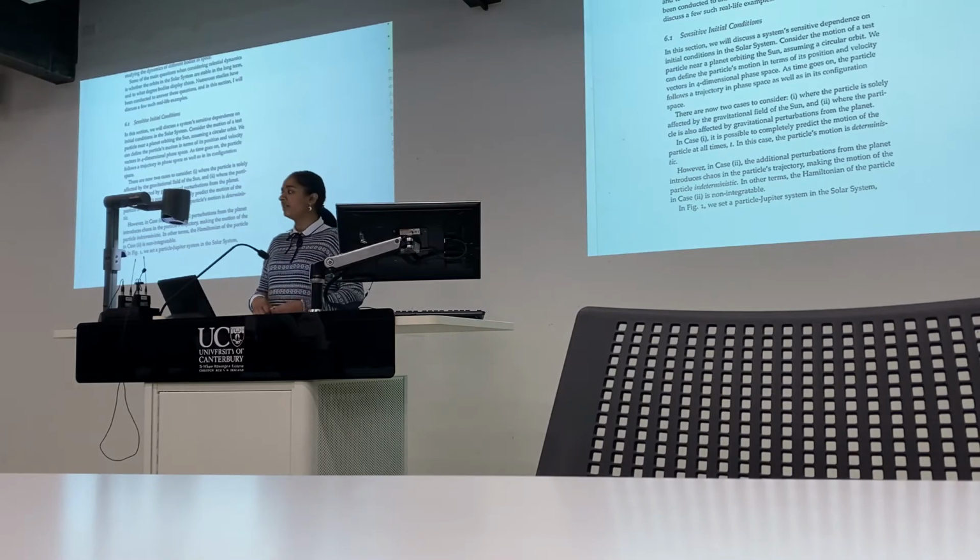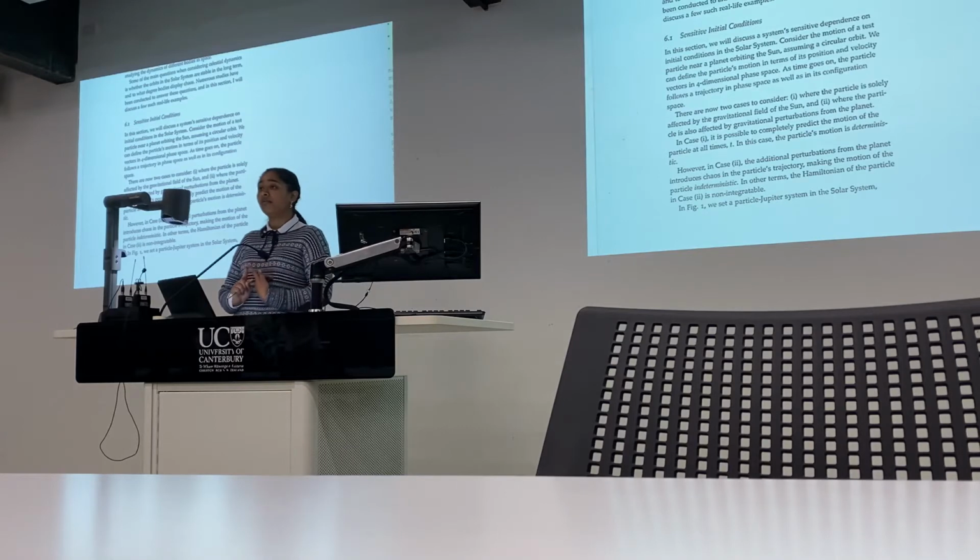So now we have two cases to consider. Number one, where the particle is only affected by the gravity of the Sun, and number two, where it's also being perturbed by Jupiter, the planet. So in the first case, where it's only being affected by the gravity of the Sun, we can completely predict the motion of the particle at all times t, because that is a two-body problem, so it can be solved exactly.